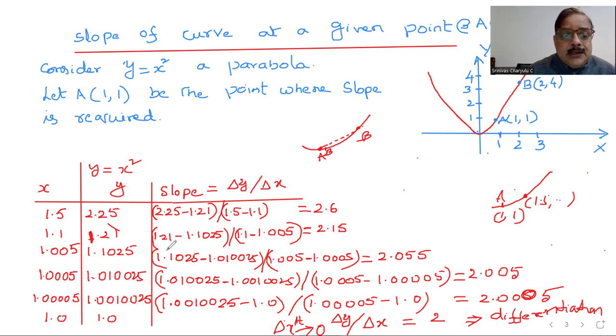That's why I have taken 1.00005, a very small distance from 1. The difference between these two is further small, 0.00005. Ultimately I am choosing a point infinitesimally close to 1. That's why we have the liberty to write delta x tending to 0, not becoming 0 but tending to 0. This is the concept of differentiation from the slope.